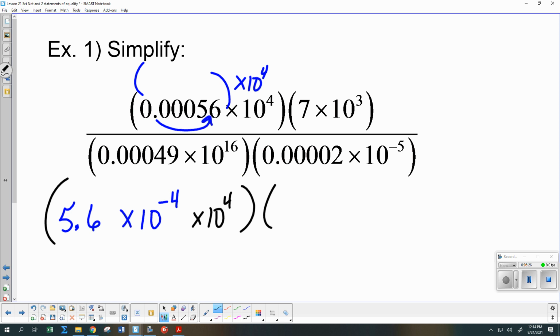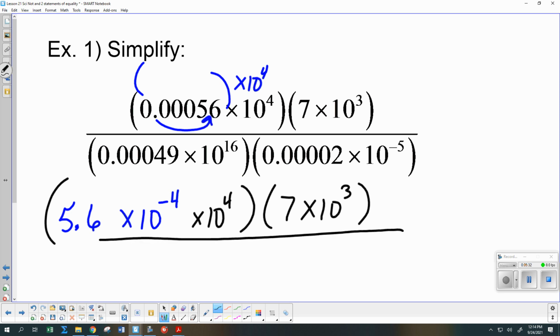This one's nice. It's already 7 times 10 cubed, so I'm not going to do anything to it. What should my decimal be for the first one in the denominator? What should my coefficient look like? Adeline? So I need 4.9 for that, so that the decimal's in the right place. 1, 2, 3, 4.